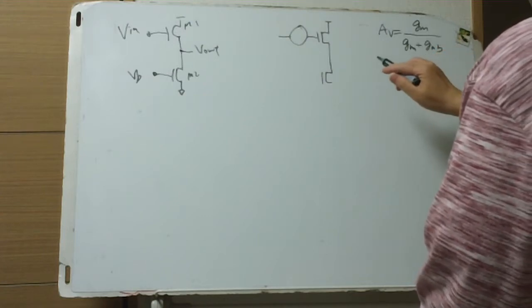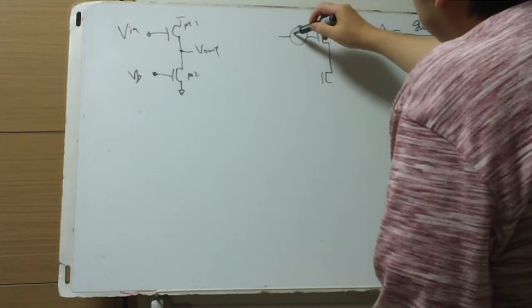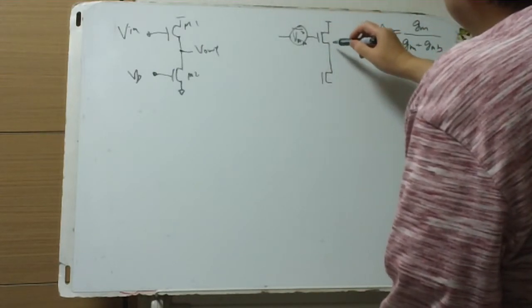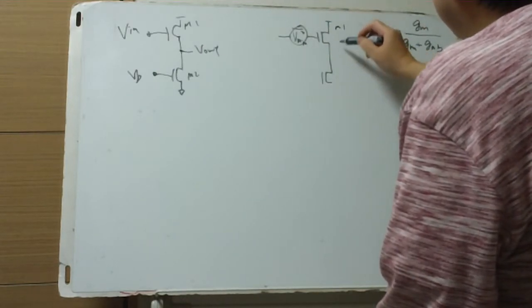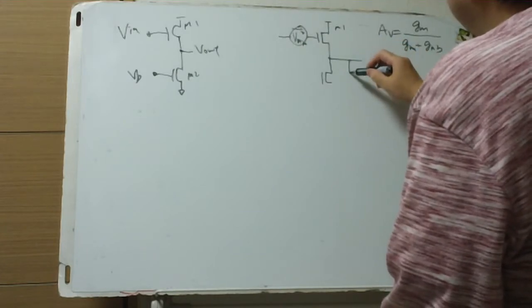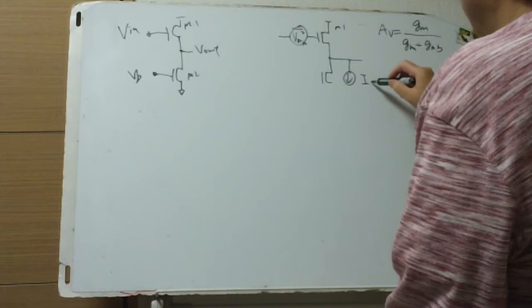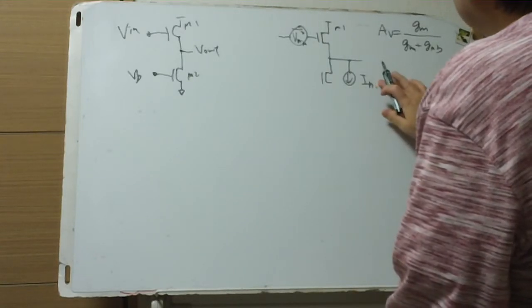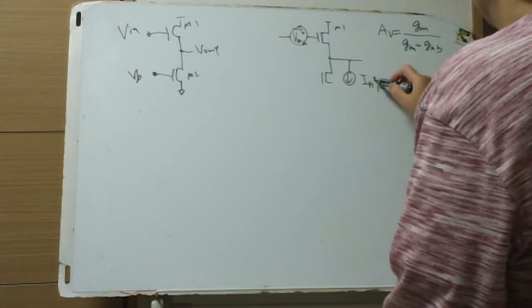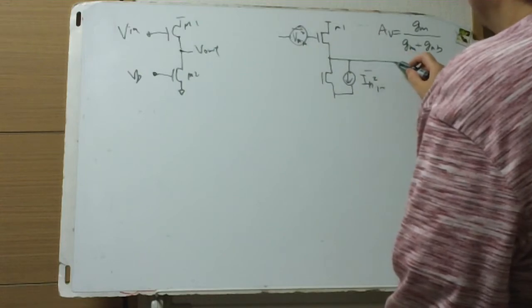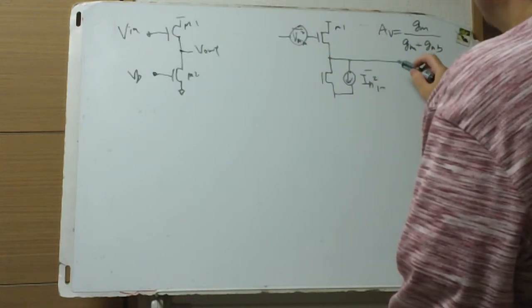But for simplicity, in this textbook Vn1 squared bar appears for M1, and for M2 In1 squared bar is considered, and there is output resistance.